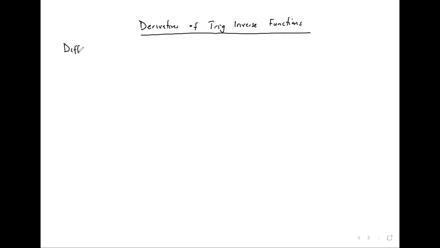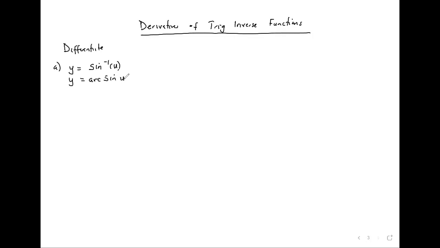Differentiate y is equal to sine inverse of x. So let's do sine inverse of the function u. Sine inverse of u. You can as well write this function as y is equal to arc sine u.